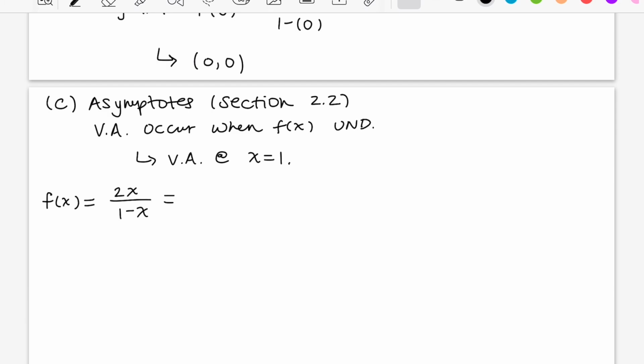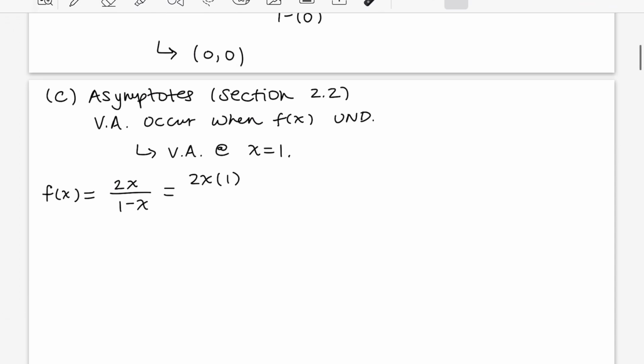And if we want to factor out the highest degree term, or the leading term, out of the numerator and denominator, that looks like the following. So the highest degree term in the numerator is 2x, and in the denominator, it's minus x here. So we'll factor out minus x, and what we're left with is 1 over minus x plus 1. When this minus x redistributes to these terms, we should get 1 minus x here.